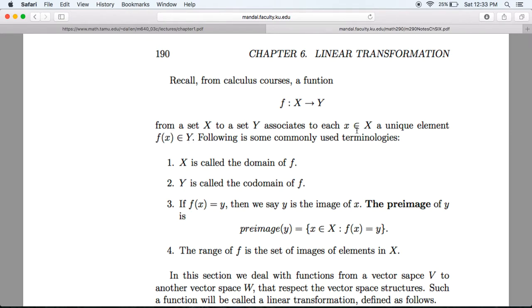It can't be that x maps to y1 and y2 simultaneously. Think of it as a map. If I have a map of some city, then every point on that map points to some specific location in the city.